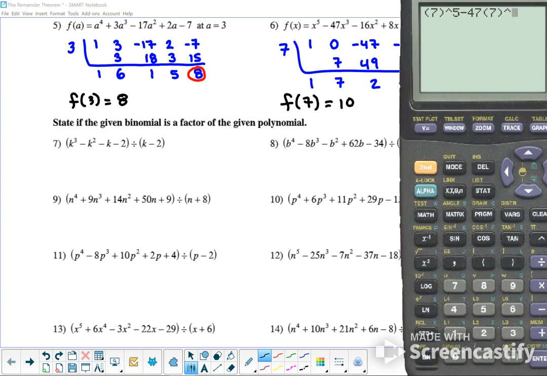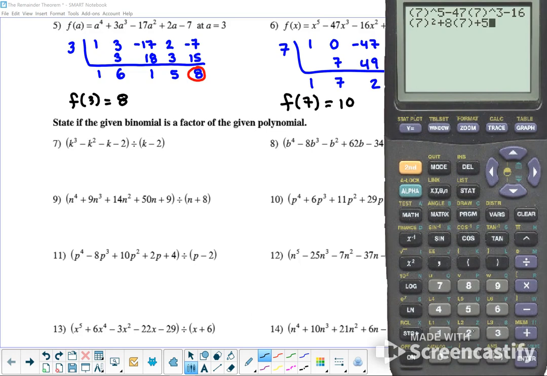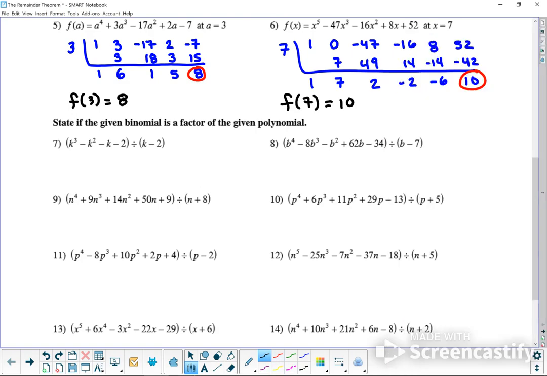Oh, actually, that's the 3rd power. Minus 16 times 7 to the 2nd power plus 8 times 7, and then that is plus 52. And that gets you 10, so that is correct.